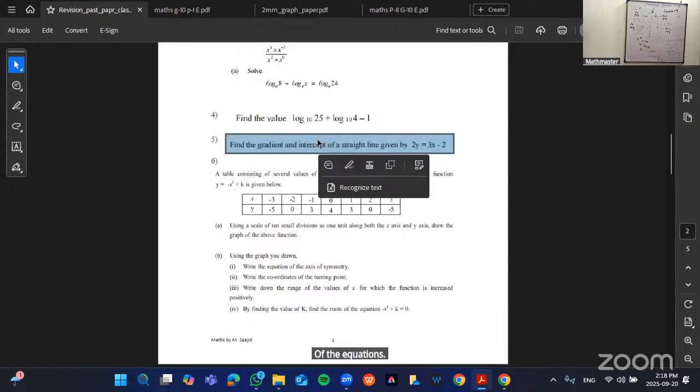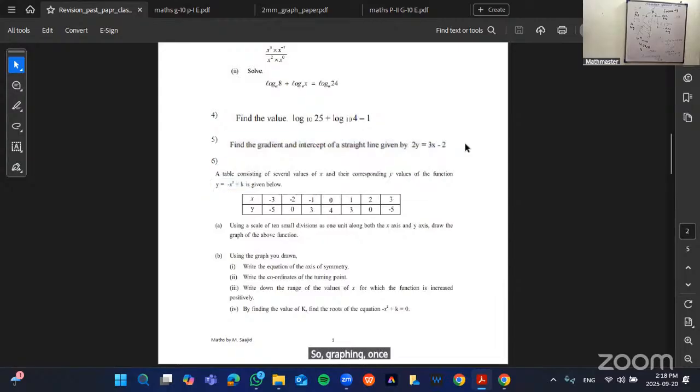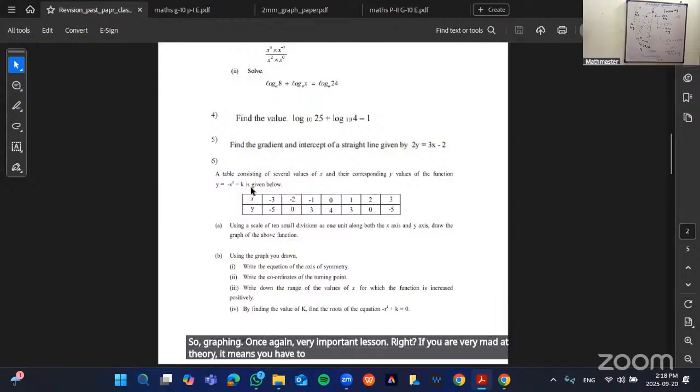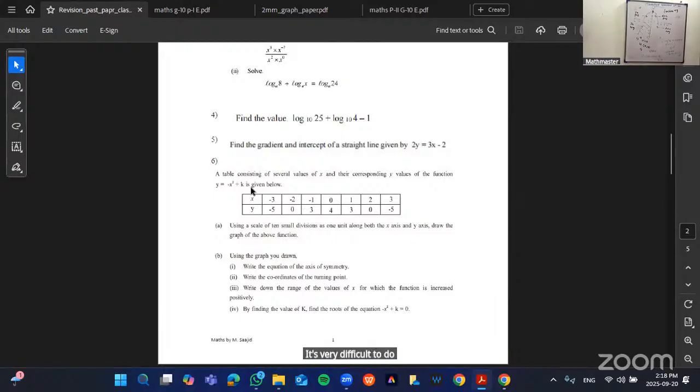So graphing, once again, very important lesson, right? If you are bad at theory, you have to first learn the theory, because without learning the theory it's very difficult to do graphs, right? So I'll try to do a theory for graphs as well in future, like a seminar or something.